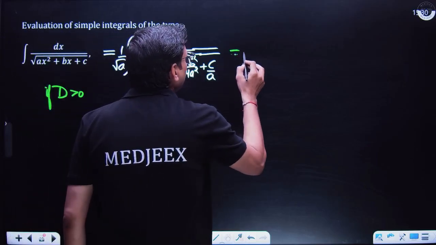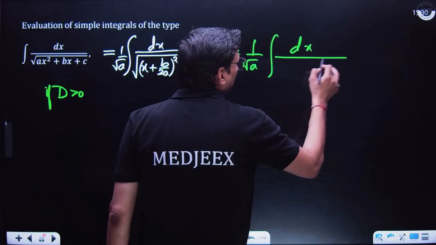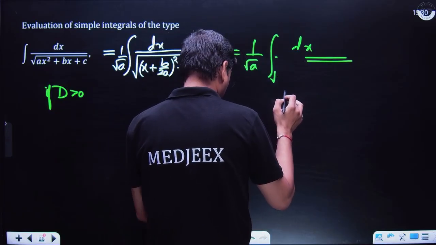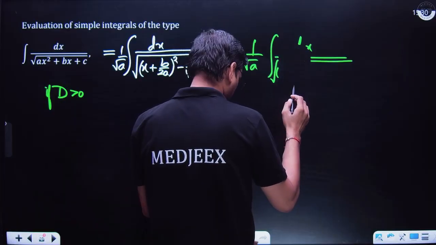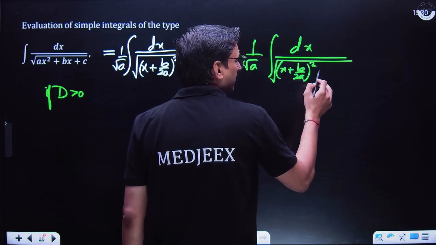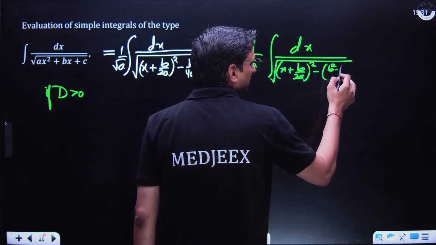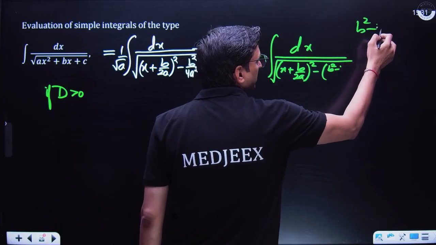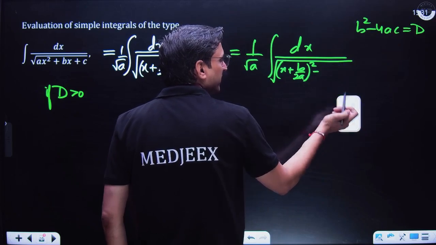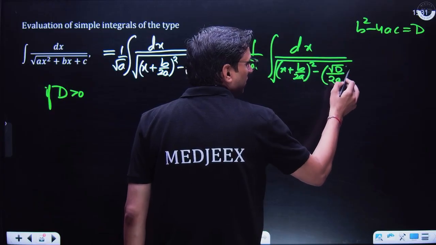You can simplify like 1 by root a integration dx upon root over x plus b upon 2a whole square minus b square minus 4ac. You can mention here b square minus 4ac as d also, so that you can simplify the answer. It will be root d by 2a whole square.